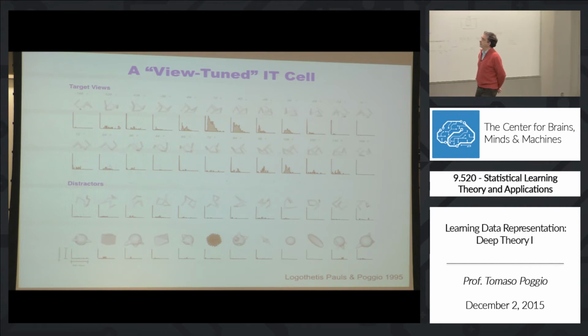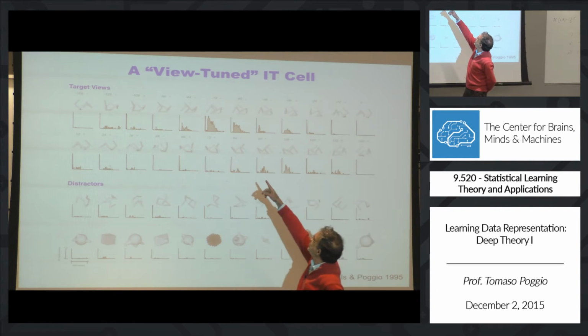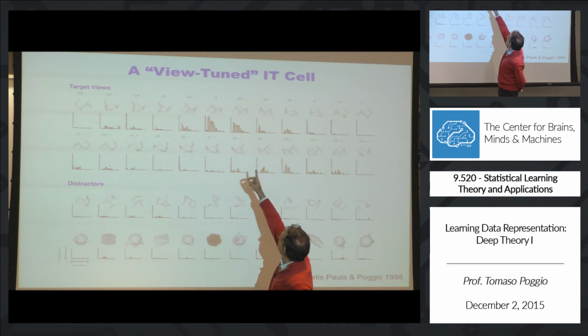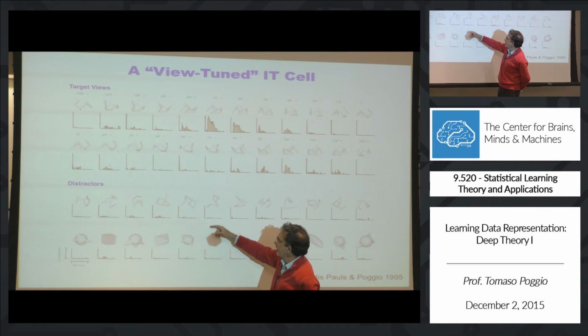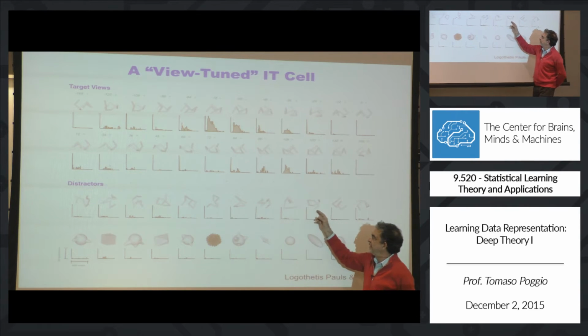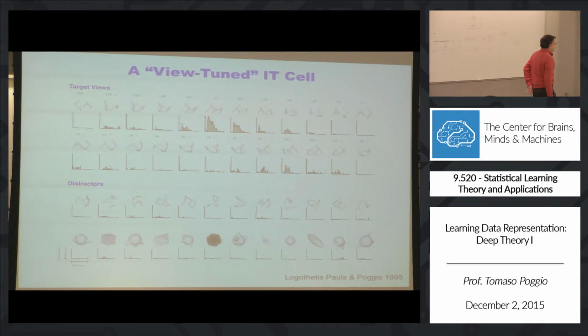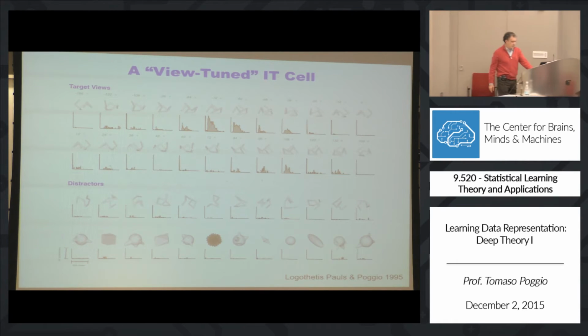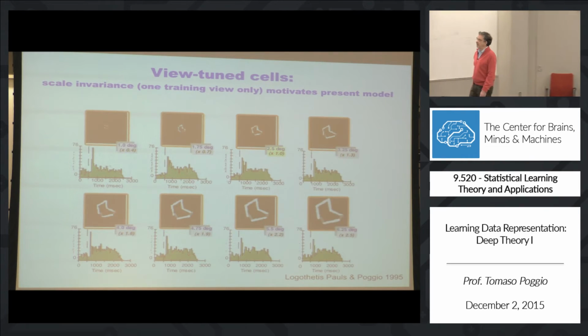So here is one neuron, one of those, responding quite strongly to one view of that. This is the same paper clip, different views. That neuron responded with electrical activity strongly to that view, very little to different paper clips or different types of objects. But at the same time, this neuron, which was very, very selective, was quite invariant to scale.